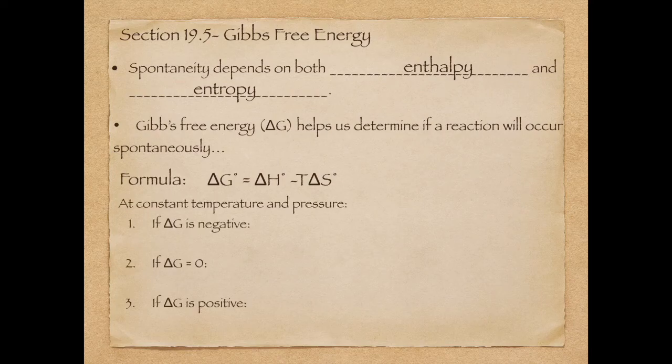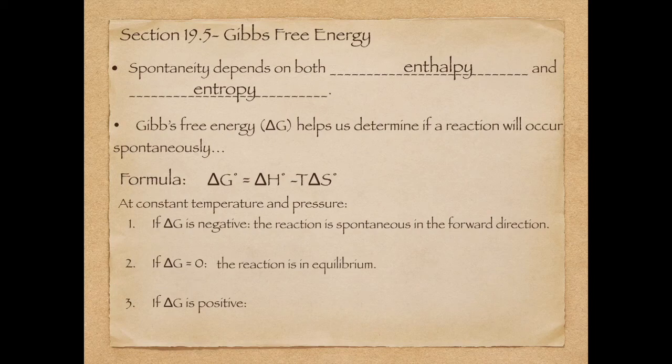Now, if delta G is negative, then that tells you that your reaction is spontaneous in the forward direction. So if you're given your enthalpy and your entropy, and you calculate your Gibbs free energy, and the value you get is negative, less than 0, then your reaction is spontaneous.